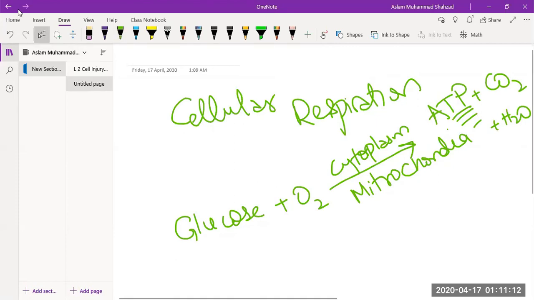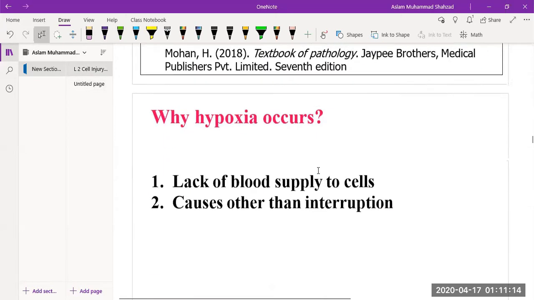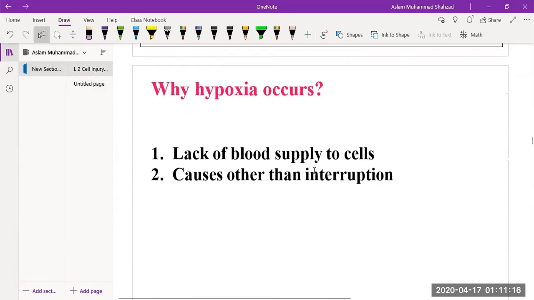Next question is why does hypoxia occur? Because of the lack of blood supply to the cells, such as myocardial ischemia.